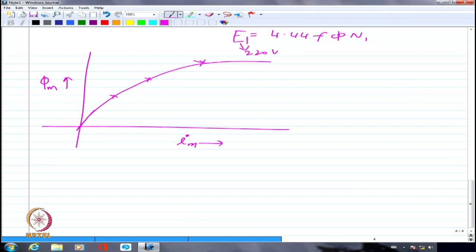It cannot change, because it is essentially E1 divided by 4.44 divided by frequency, divided by the number of turns. It is set in stone. Once that is set in stone, I know for sure that I am going to operate at some particular operating point, nothing else.